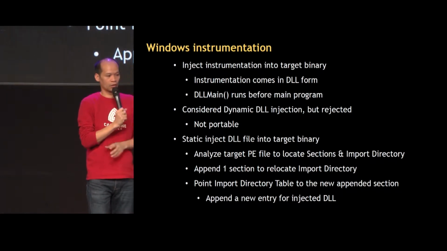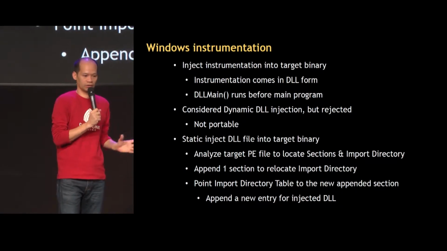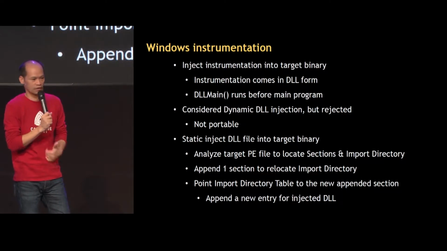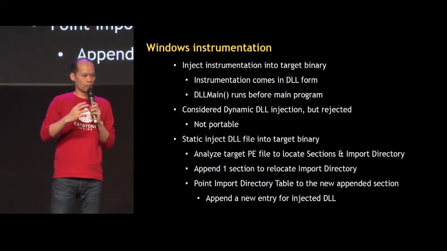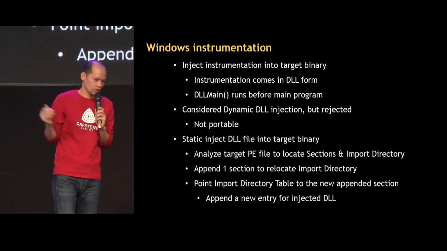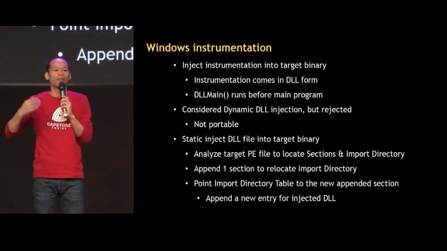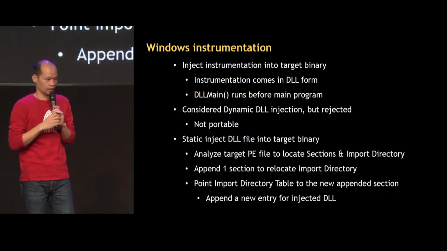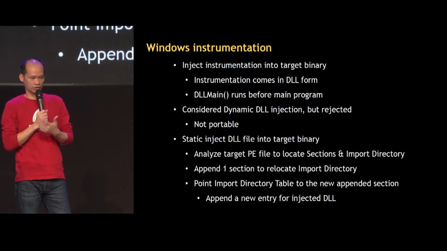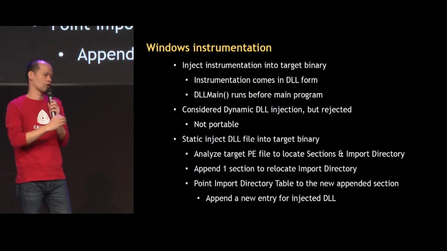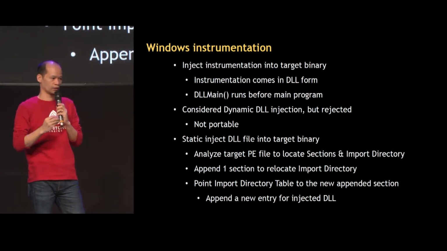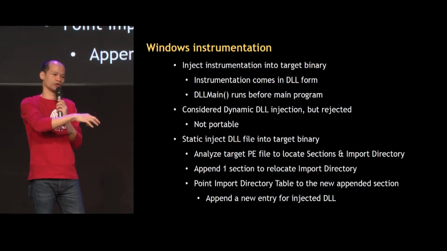So we decided to go with another approach, which is called static DLL injection. The idea is that we modify the PE file, so we tell the PE file that we want to load one extra DLL. We analyze the target PE to locate the section in the import directories, and we append one extra section at the end of the binary, and we relocate the import directory to the new section.